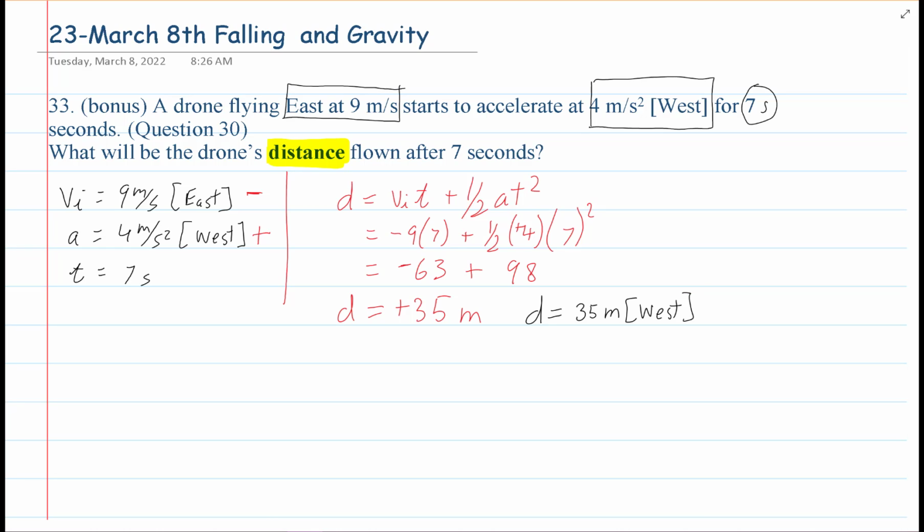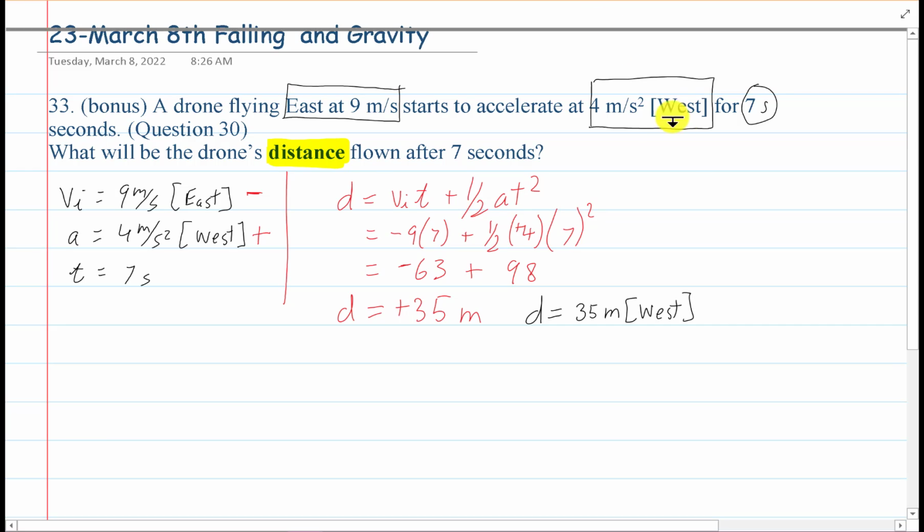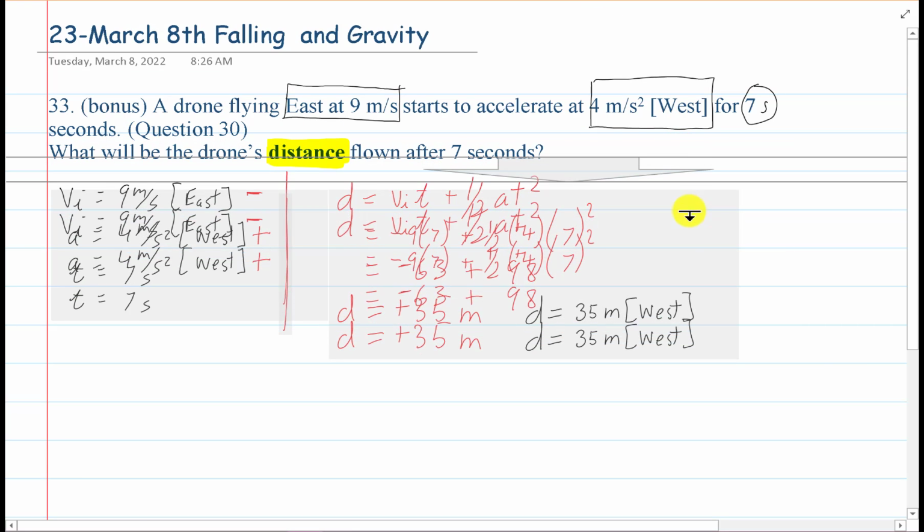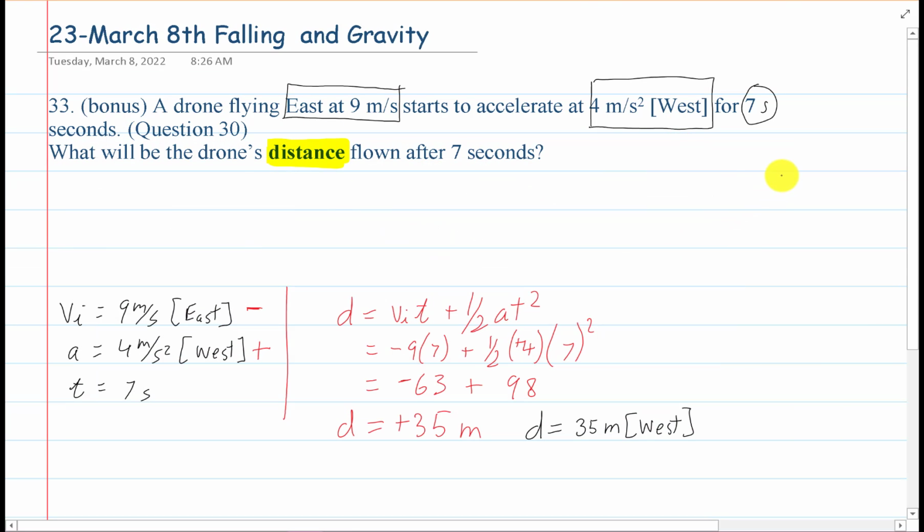Okay, let's just move this down. Let's try to understand what's going on here. It is starting at a particular location, and it's headed east at 9 meters per second. But it ends up going west 35 meters.